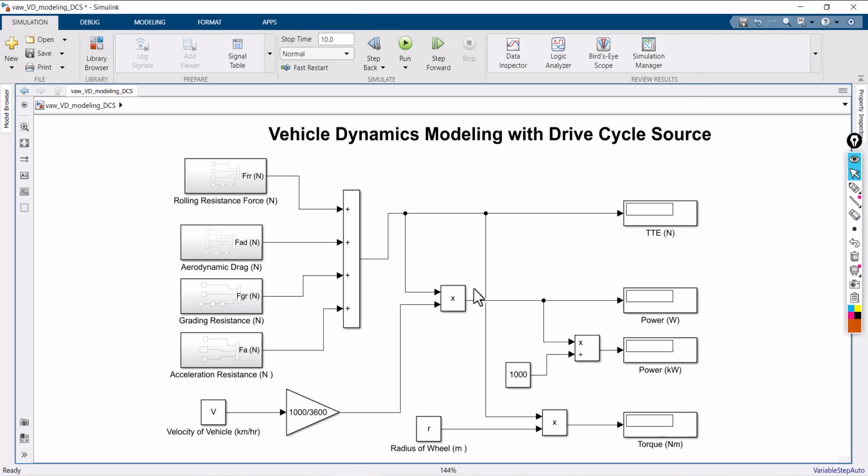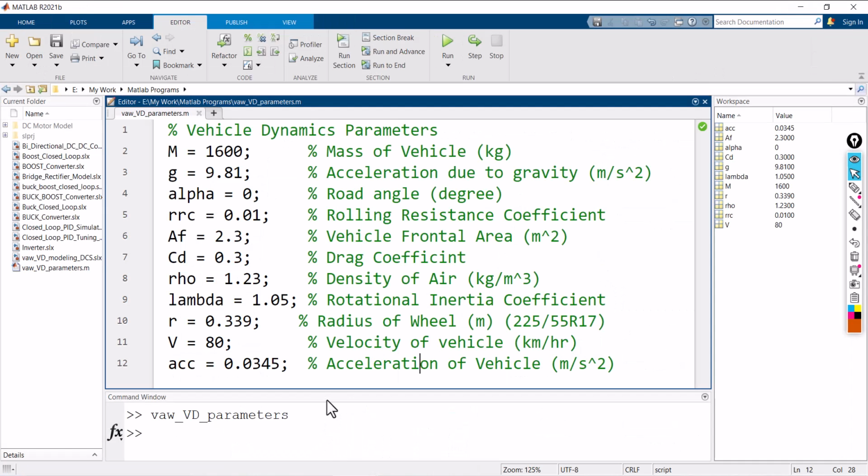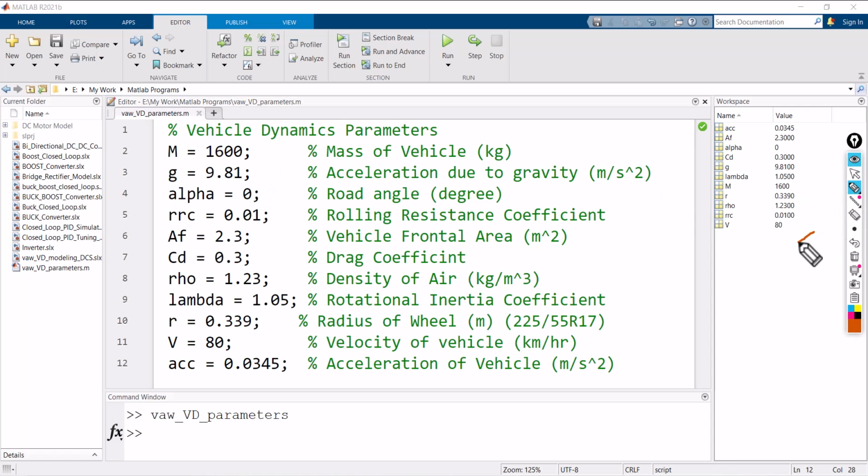So make sure that you have executed this M file and all the values are available in the workspace. In the first case, the alpha value I'm using is 0, because I just want to show you how, if you increase the slope angle, the power requirement and torque requirement get increased.